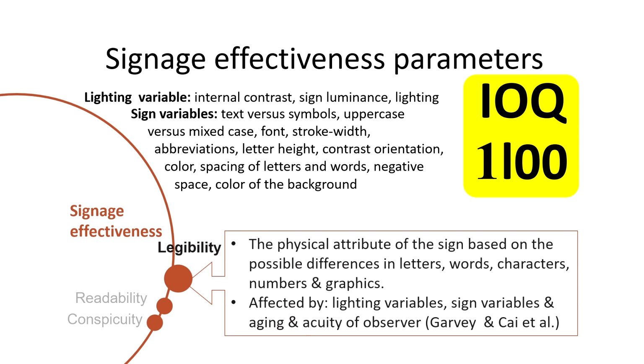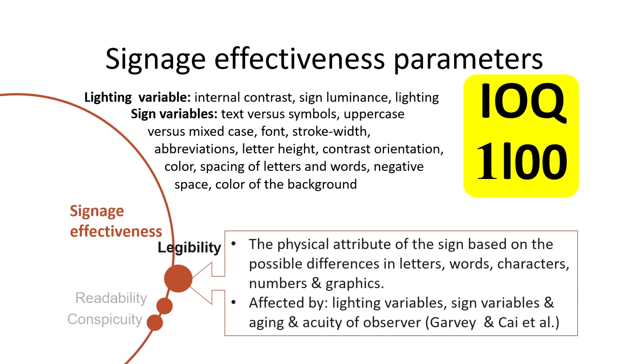Legibility is also a physical attribute of a sign. It pertains to how easily the text and the symbols on a sign can be read and understood. This can be affected by various factors, including the clarity and size of the font, graphic and pictogram types, contrast between the text and the background, and the observer's visual conditions and aging.